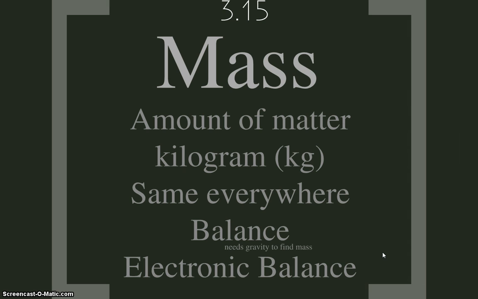So what is mass? Mass has to do not with the force of gravity, but with how much matter something contains. They are related because the more mass, the more gravity, but they are distinctly different. So rather than using newtons to measure weight, we use kilograms for mass.